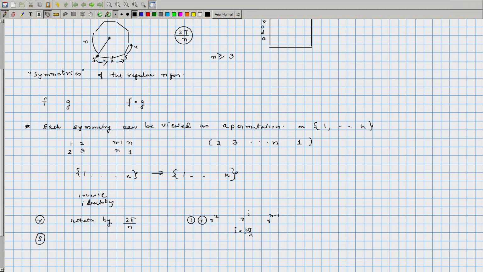Okay. Why is this so? So, how many symmetries can the regular n-gon have? Okay.